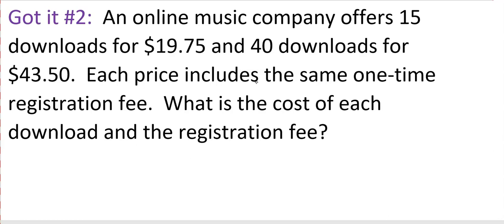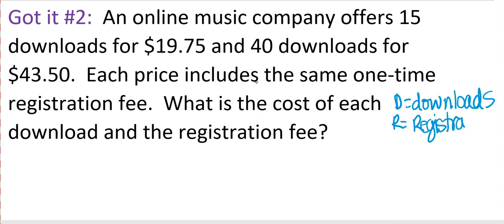So is this one kind of similar to the last one? It is. So let's go D equals downloads. R equals registration. Which one do you only pay once? The registration. So we're going to do 15 downloads.